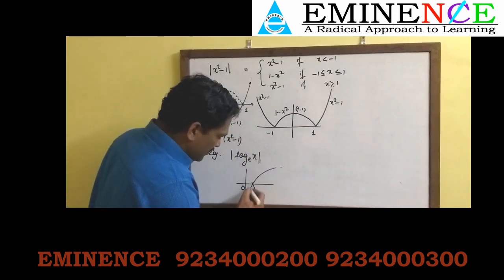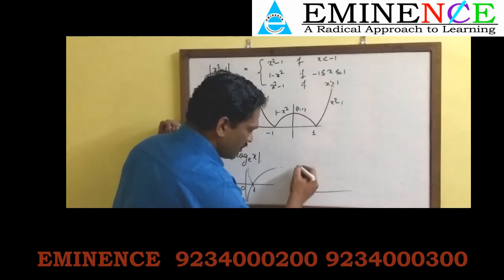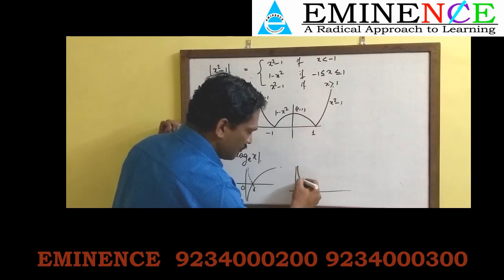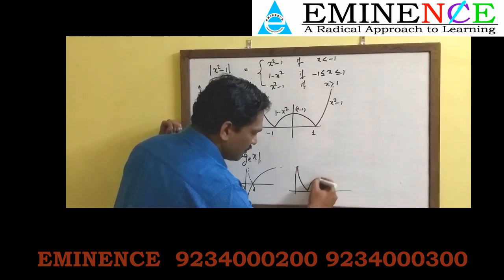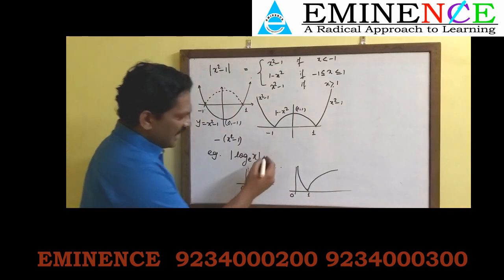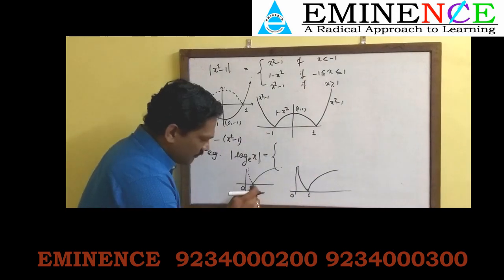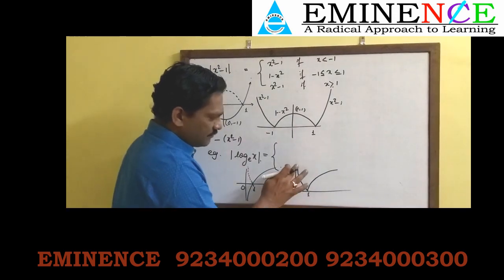So if I take the reflection of this part, it should form like this. That means modulus of log x essentially forms a graph of this type. Now, which part looks as it is, that means the original part? The part which is greater than 1 is original.